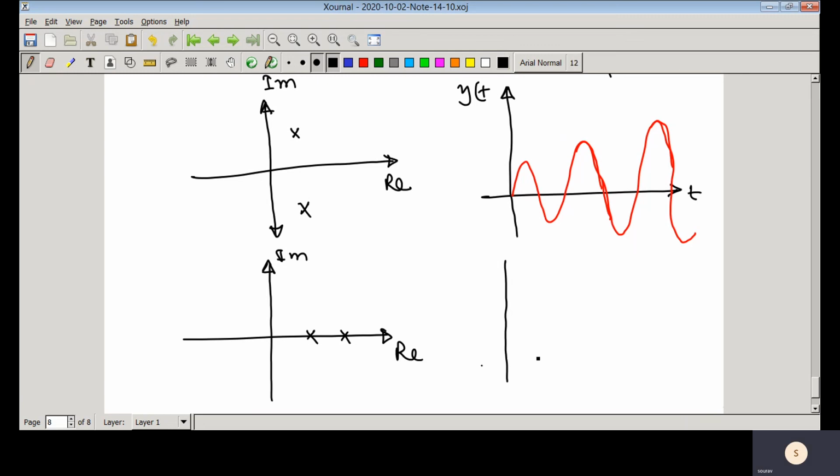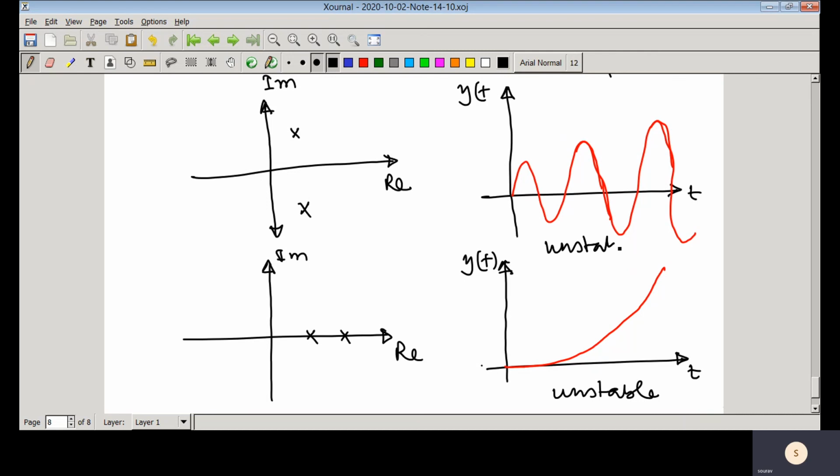Then you can see the system's response would be the unstable one, as the two poles are on the right half of the S-plane, complex plane, and the response would be like this. So that is also unstable. So this is an unstable case, this is also an unstable case. But here in this case the system goes to infinity through oscillation, and in this case there is no oscillation, it just goes to infinity when t tends to infinity.